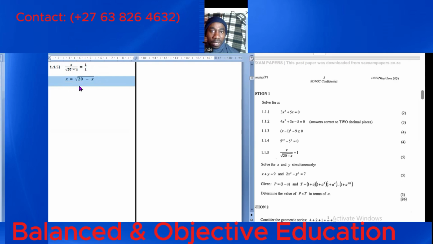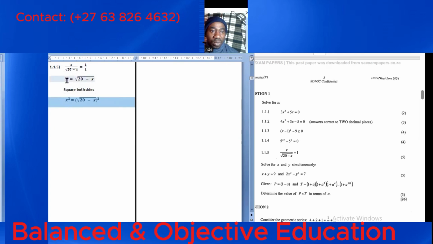Now, when you are solving this kind of question, the next thing you have to do is to find a means to remove this square root. The easiest way to do that is to square both sides. So you square both sides, and when you square both sides, you have this.